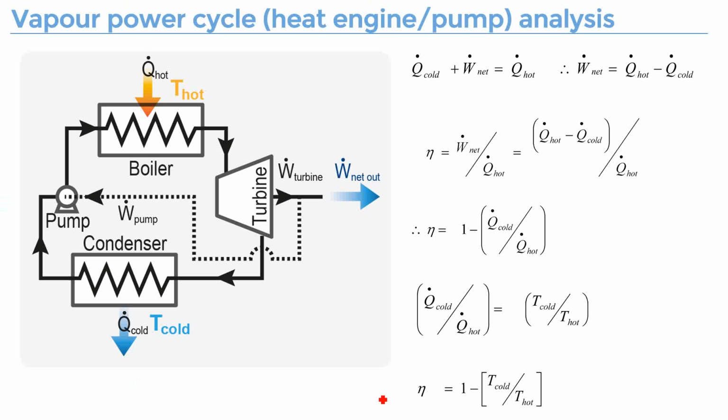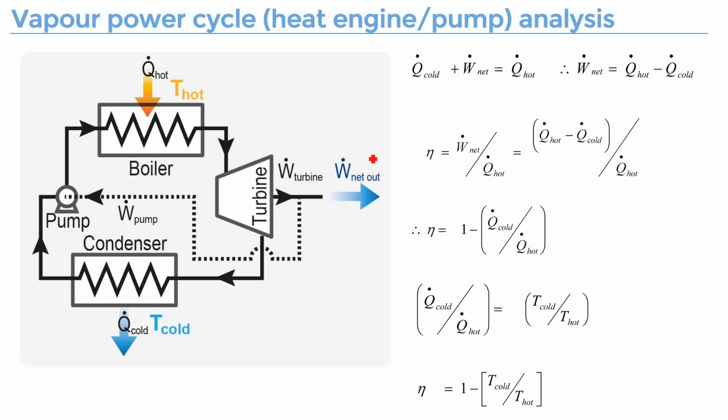So just to quickly go through this vapor power cycle, it's used to convert heat to work. You will have the Q hot from the boiler, and that is converted to the net work out and also the Q cold. So the energy balance is that Q hot consists of the total work out plus the Q cold.